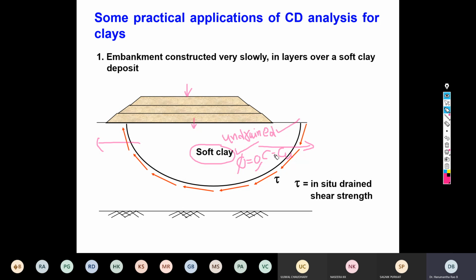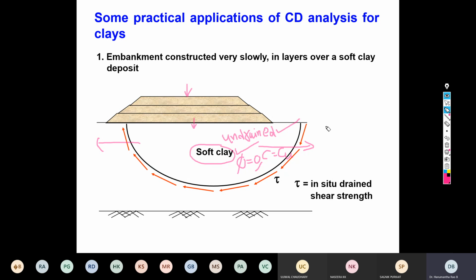Okay. So what happens to the shear strength now? The shear strength is because of only the cohesion value. Since phi is 0, the shear strength varies as the water dissipates.